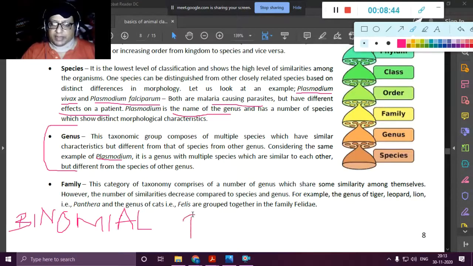For example, Plasmodium, the P is capital. This is Plasmodium, and the species name is vivax.